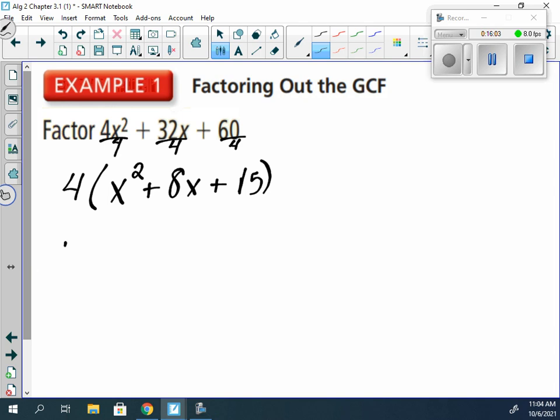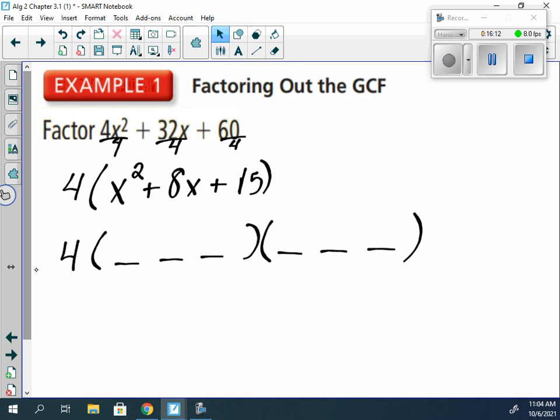Step number 2 is write 2 sets of parentheses with 3 spaces. Okay, that's done. Step 3 is to find the sign. If the third term is positive, then the signs are the same and they match the sign of the middle term.